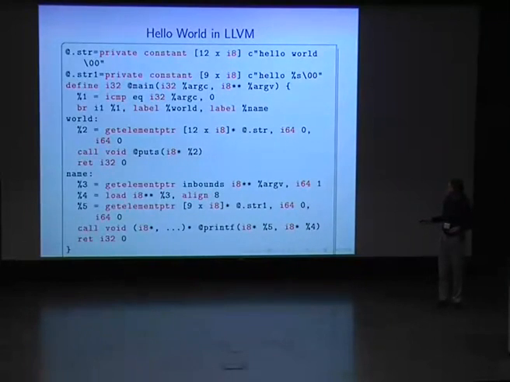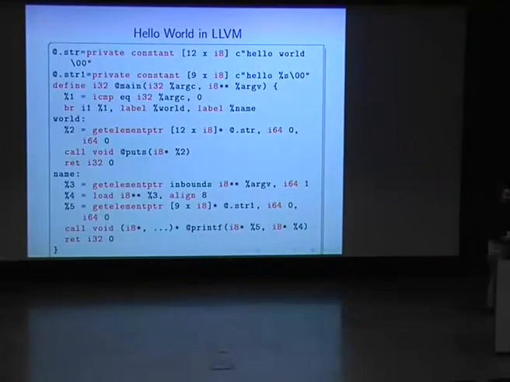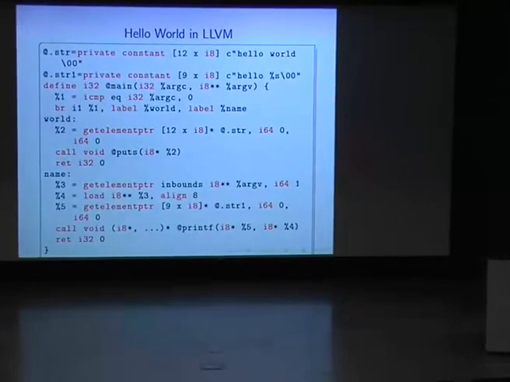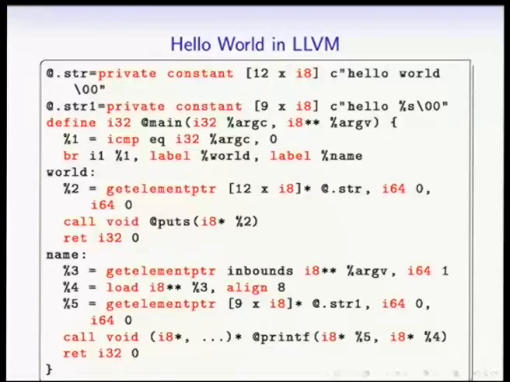So this is loading a pointer to a pointer to int8. So the result of this will be basically a C string, a pointer to int8, and then it calls printf with this as the second argument and hello %s as the first argument. So this is a really simple LLVM program, but it demonstrates basically all of the LLVM that you need to care about.